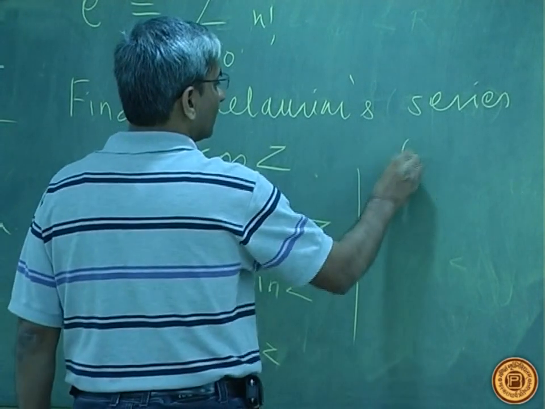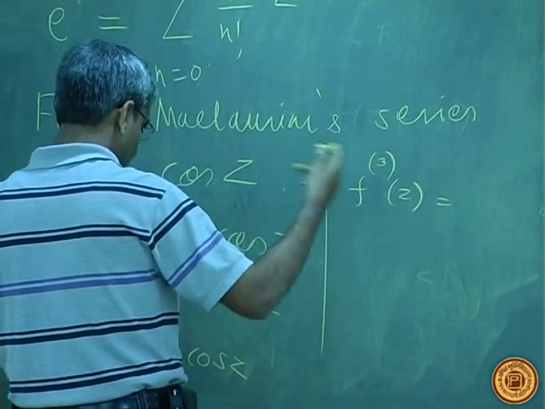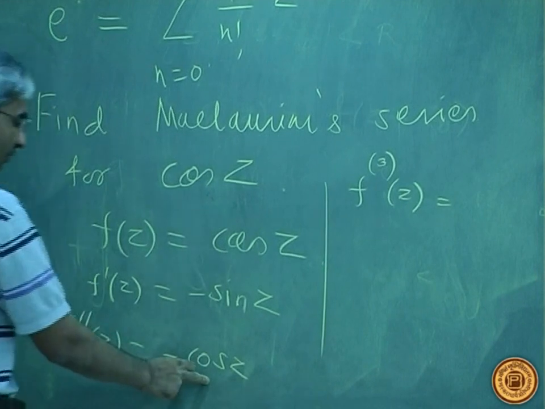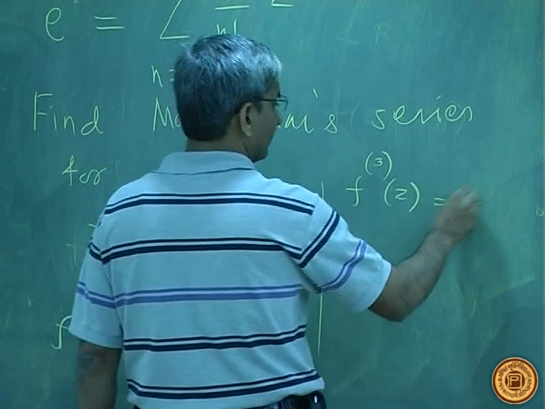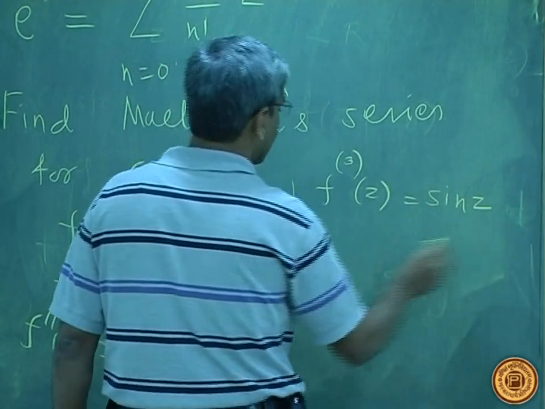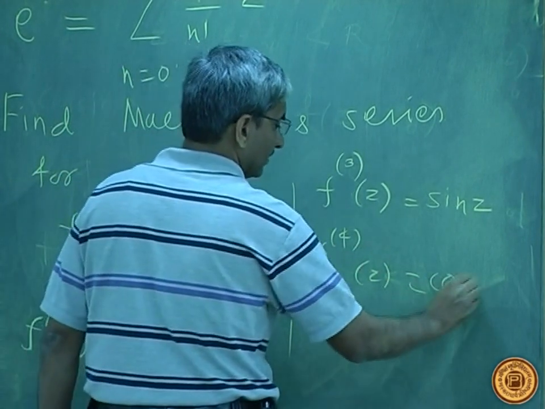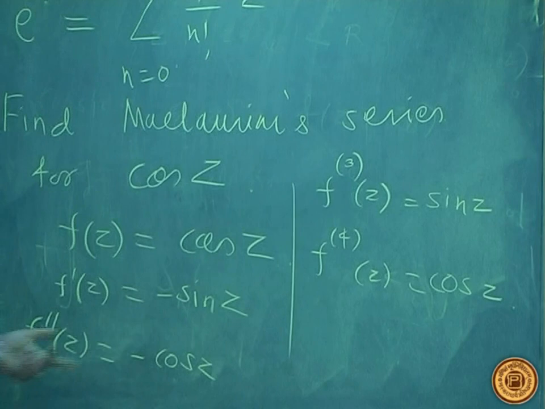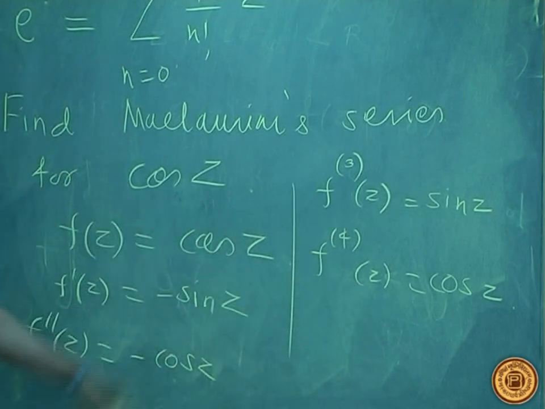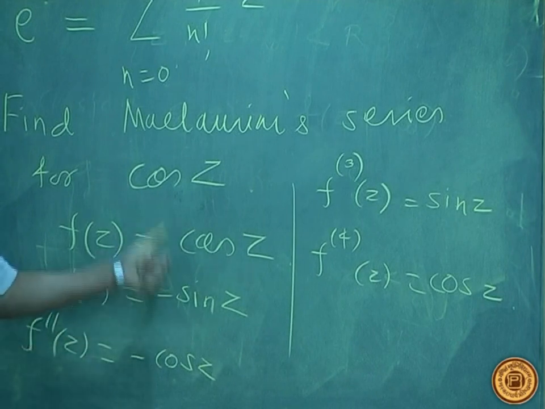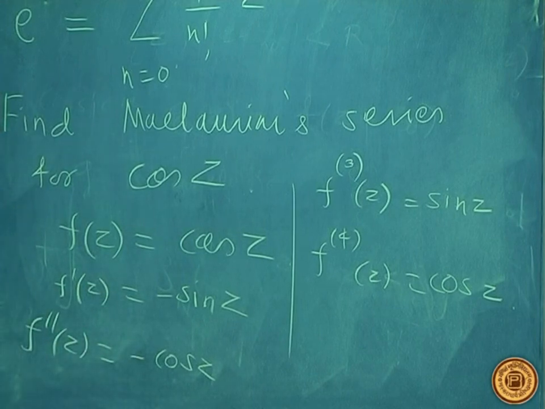The third derivative is sin z, because the derivative of minus cos z is minus minus, plus. And the fourth derivative will be cos z, and then the derivatives will repeat because you again get cos z. So fifth will be minus sin z and so on. Whatever happens in the first four, after that the coefficients will repeat.